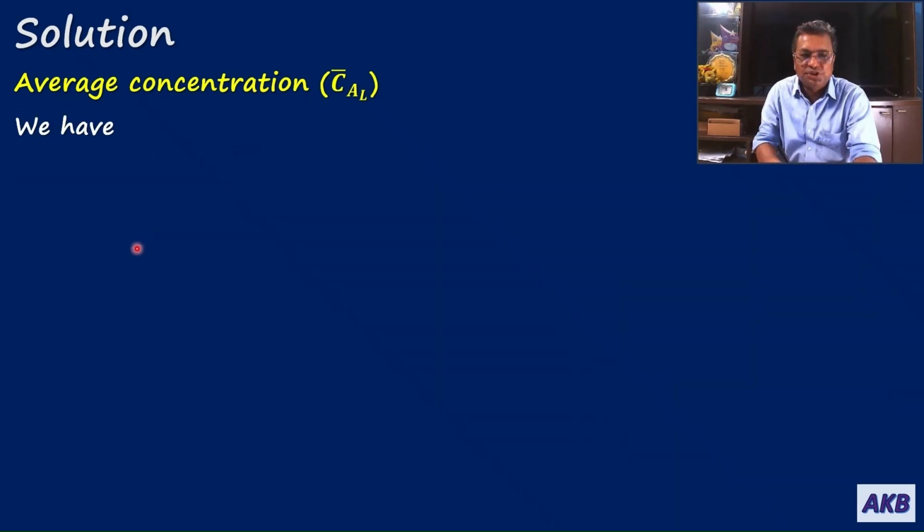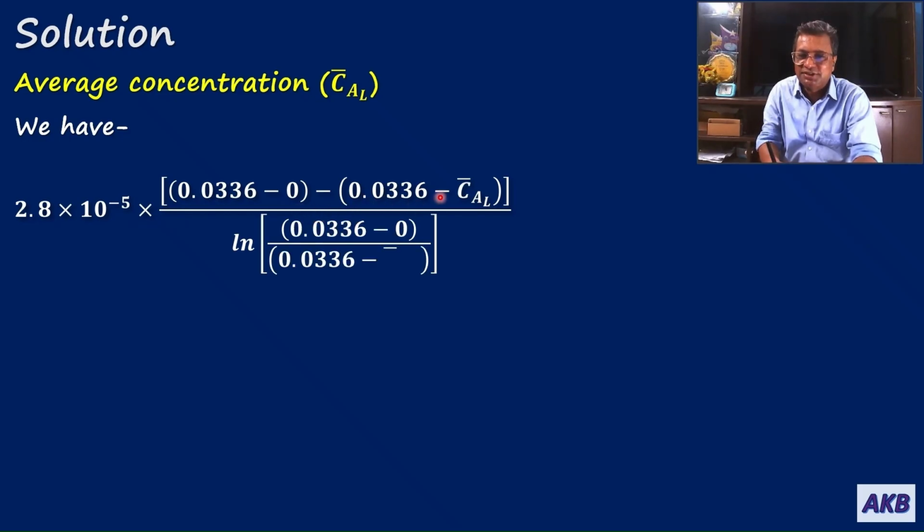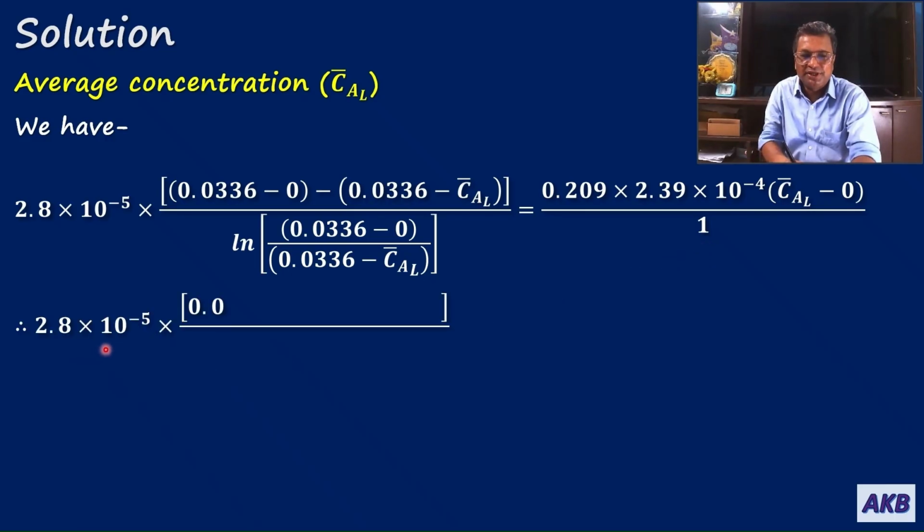So we have this equation. 2.8 into 10 to the power minus 5 into 0.0336 minus 0 minus 0.0336 minus CAL bar divided by ln of 0.0336 minus 0 divided by 0.0336 minus CAL bar. That is equal to 0.209 into 2.39 into 10 to the power minus 4 into CAL bar minus 0 divided by 1.